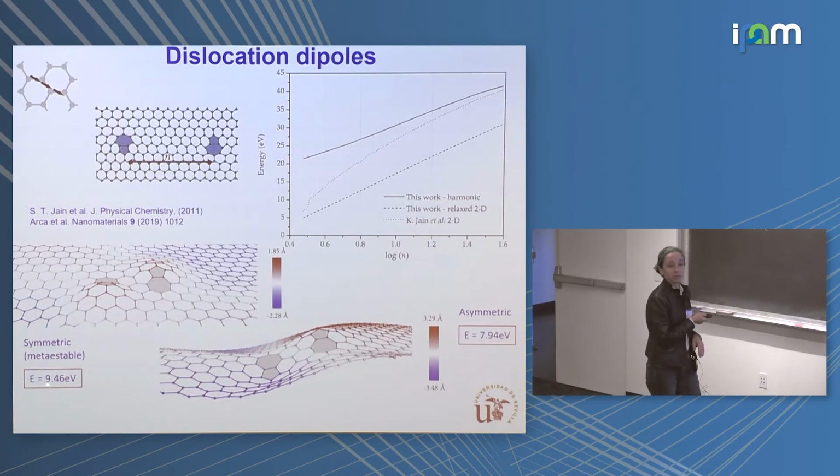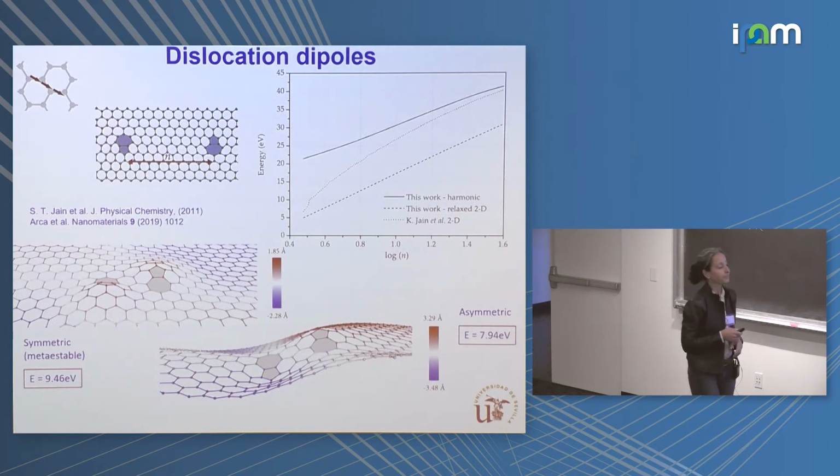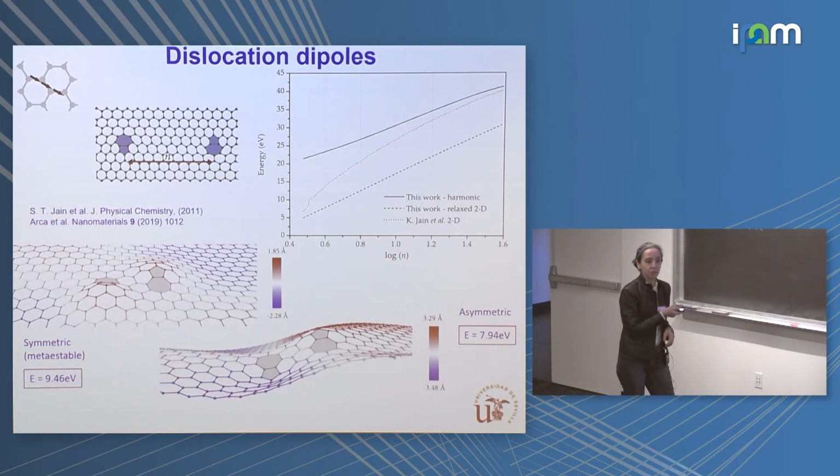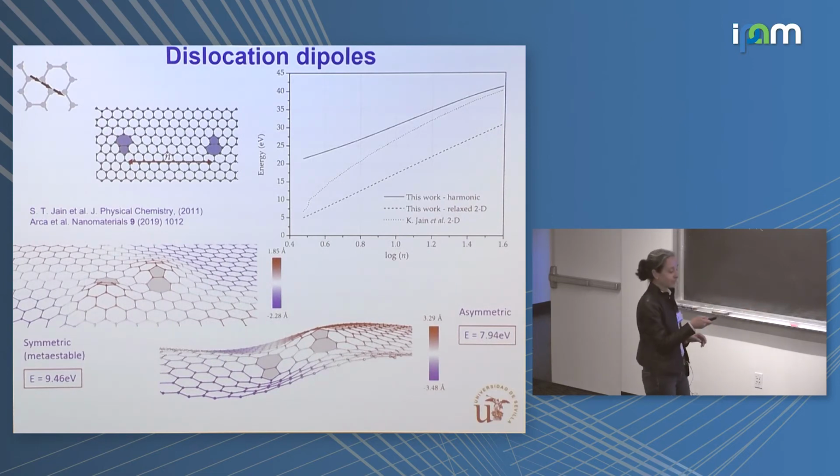This is giving you a higher energy, whereas the real relaxed configuration is this one with lower energy, in which one of the cores is down and another one up. Otherwise you end up with differences in the relaxed configurations that you are going to start with when you want to study the electronic properties.